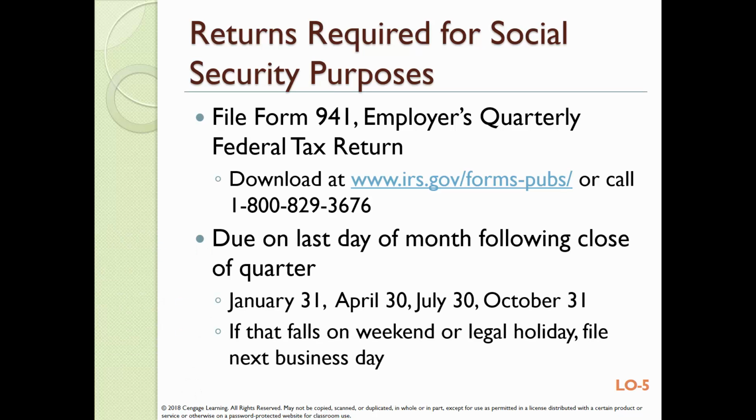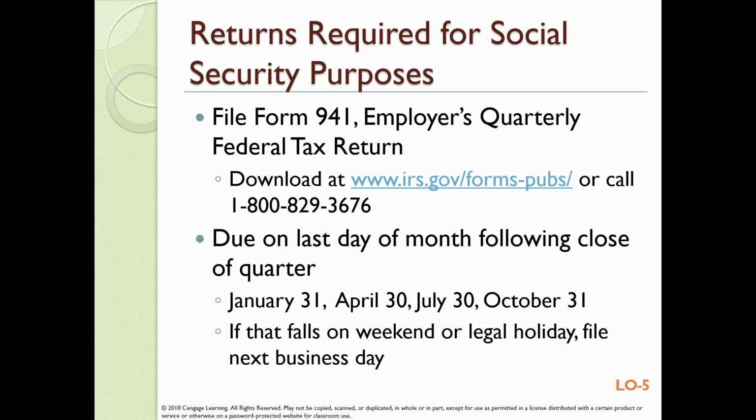So when are these things due? The first quarter of the year is January, February, March. That one is due on April 30th, the end of the month following the close of the quarter. So right now we're in which quarter? Third.